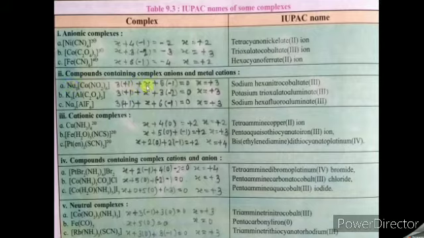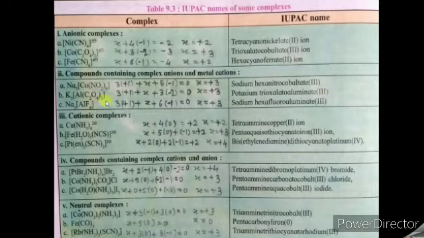So 3 into 1 plus X, then NO2 carrying minus 1 charge, so 6 times 1 minus, and the overall compound is neutral, equal to 0. So X is equal to plus 3, the oxidation state of cobalt. First write down the name which is outside the square bracket, which is sodium. There are 6 nitro groups, so hexanitro, and cobalt becomes cobaltate as per the previous names. Don't write the word ion at the end of the name.